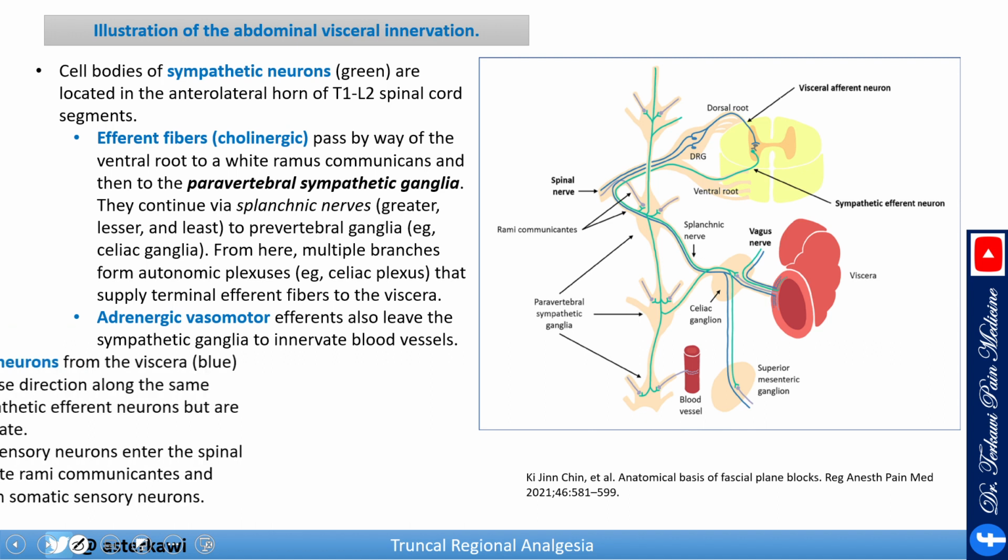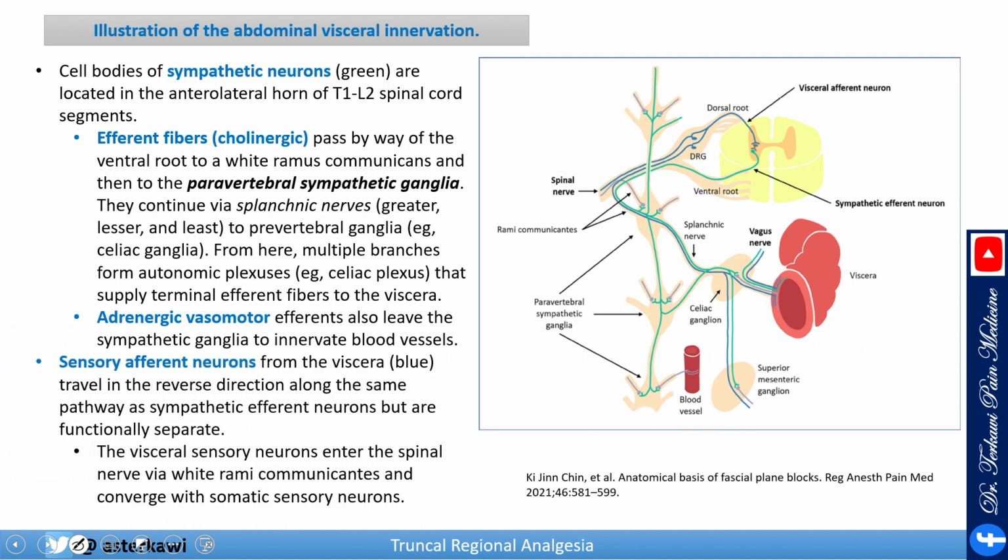Then you have the adrenergic vasomotor fibers, which are efferent and also leave the sympathetic ganglia to innervate blood vessels. You have sensory afferent neurons from the viscera, represented by the blue line here. They travel in the reverse direction along the same pathway as sympathetic efferent neurons, but are functionally separate.